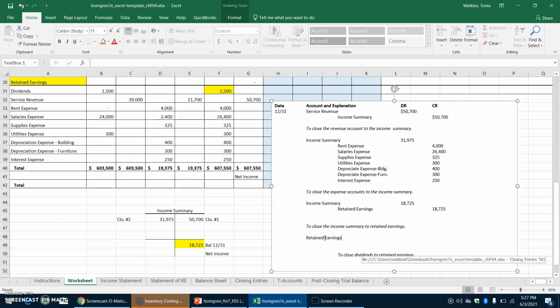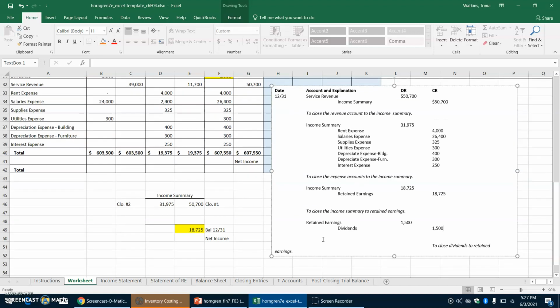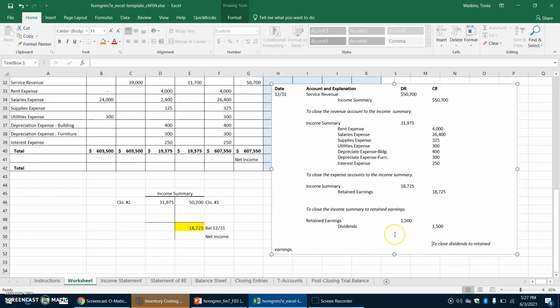By a debit. Okay, 1,500. And the credit is dividends because we're doing the opposite. We're closing it out. Okay, so those are the closing process steps.